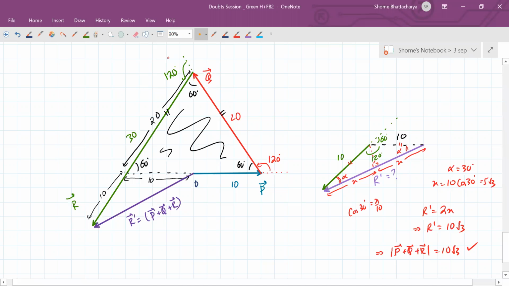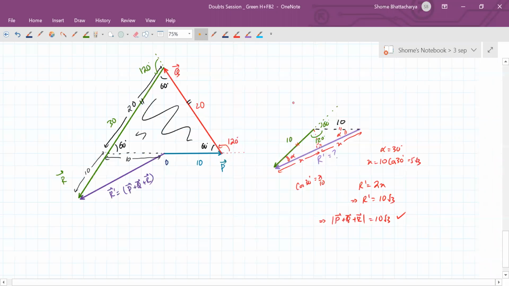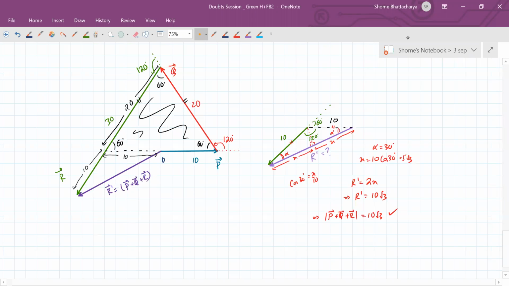Okay, so I'm just minimizing this a bit so you can copy this down also. Okay.